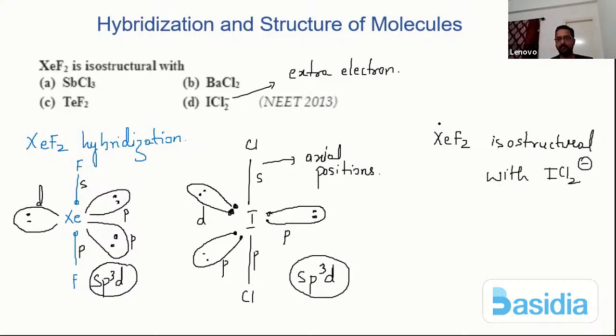With the ICl2 negative molecule. Isostructural with the ICl2 negative molecule.